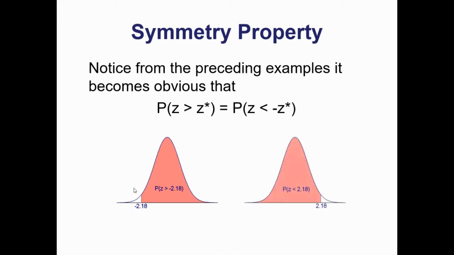If we have the probability that Z is greater than negative 2.18 and the probability that Z is less than positive 2.18, then they're the same exact thing.